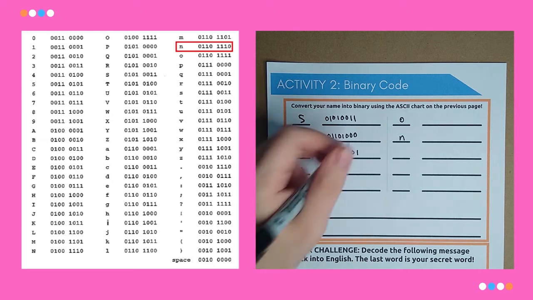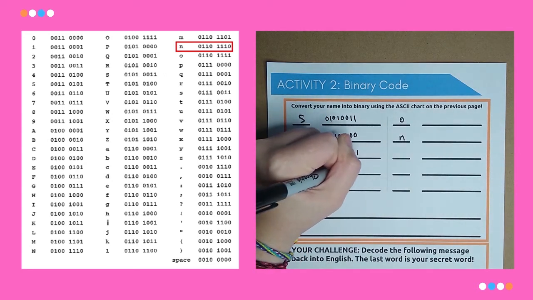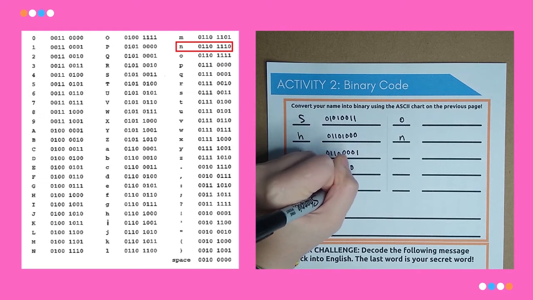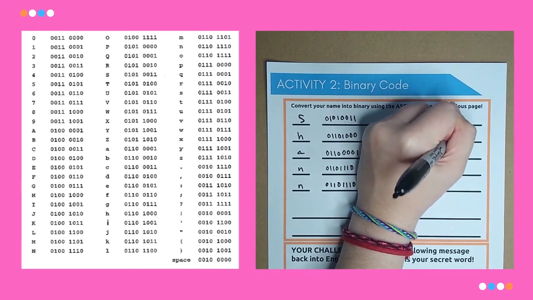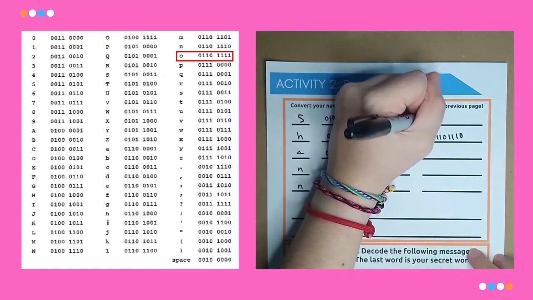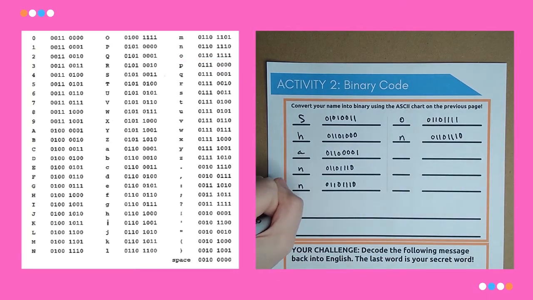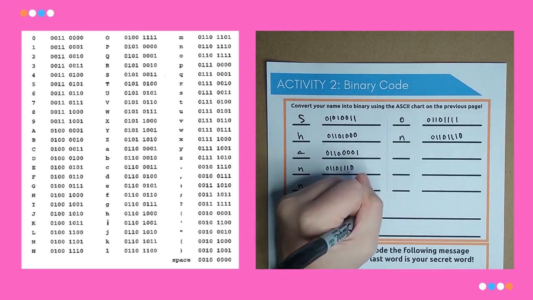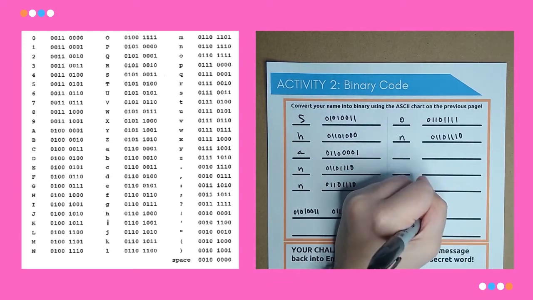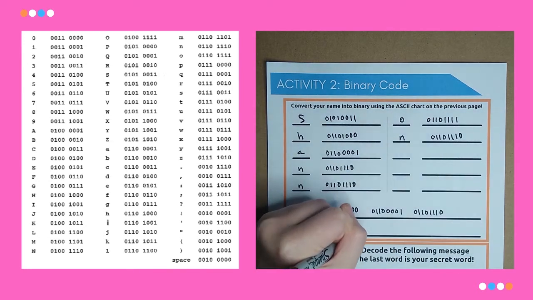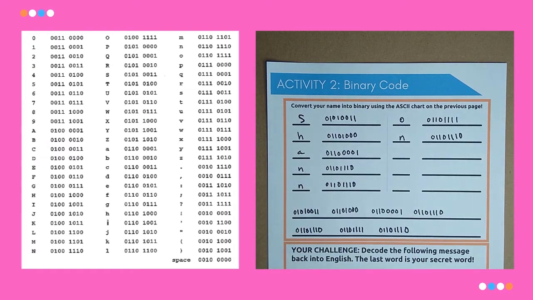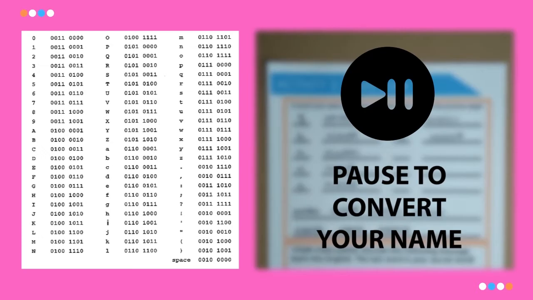They're here on the chart, 01101110, and then a lowercase o, 01101111. I'm now copying this binary into one line, putting a space between each letter. And voila, that's my name in binary. Time for you to pause the video and convert your name now.